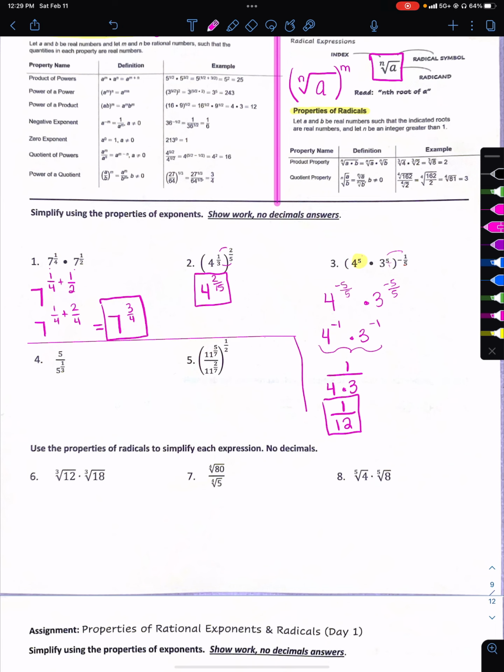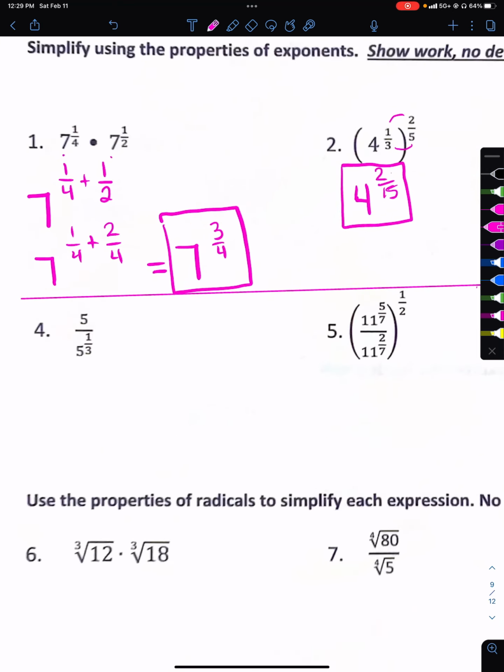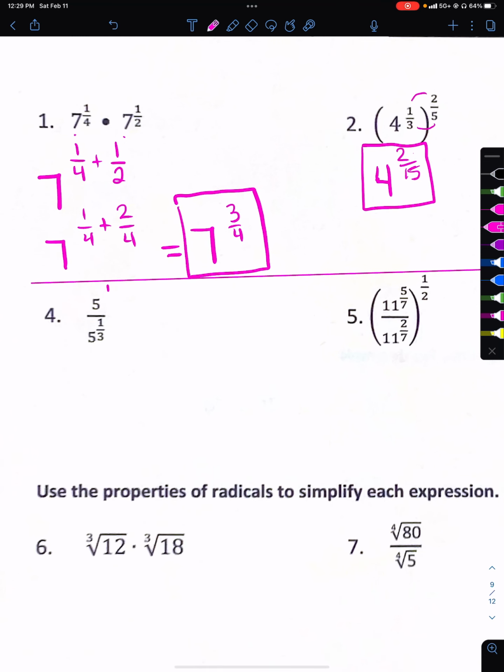And now let's look at number 4 and number 5. Now, number 4 is a quotient of powers. When we have the same base on the numerator and the denominator, we're going to subtract the exponents. The 5 in the numerator has an exponent. It is 1, and if you want that to be a fraction, it's 1 over 1.